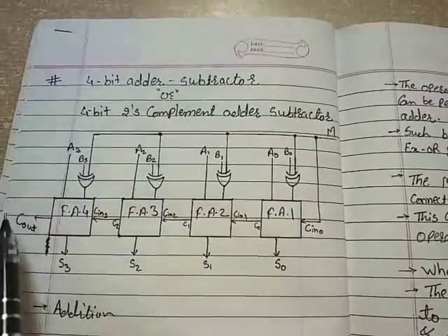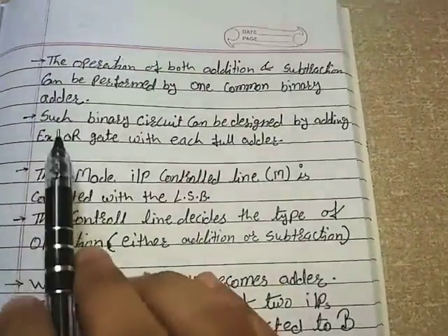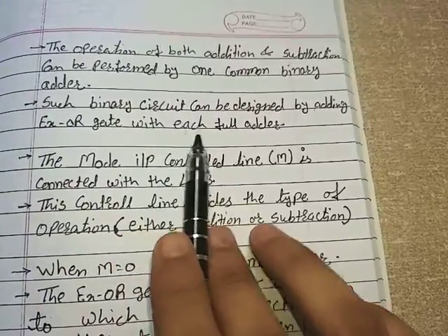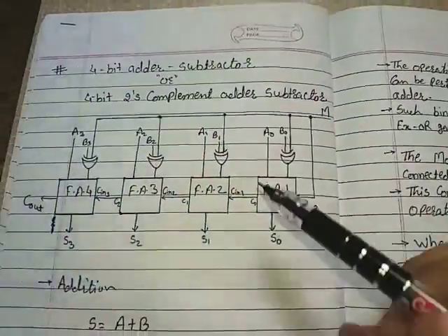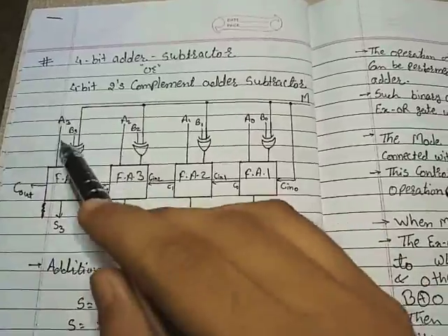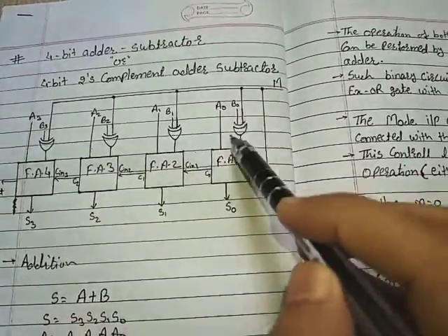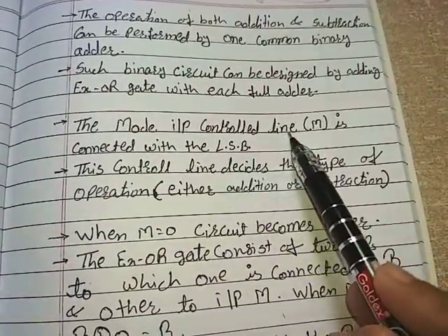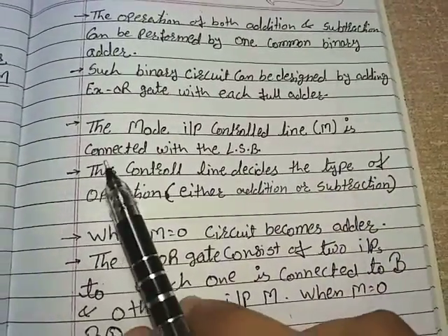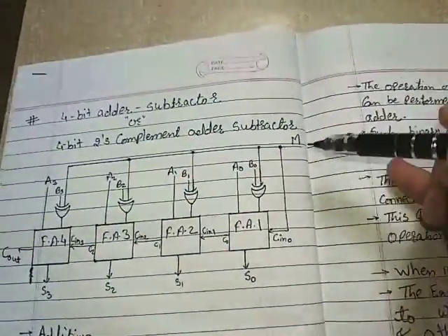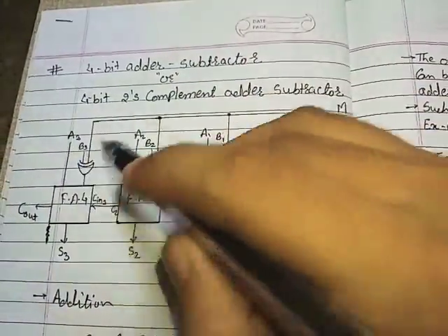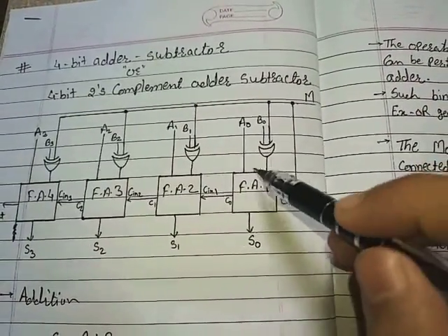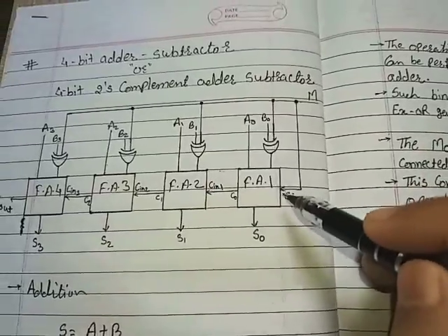Now it can be used as an adder subtractor. Such a binary circuit can be designed by adding an XOR gate with each full adder. Look at here. With each full adder we have used an XOR gate. The mode input control line M is connected to the least significant bit, that is the first full adder, as Cin 0.